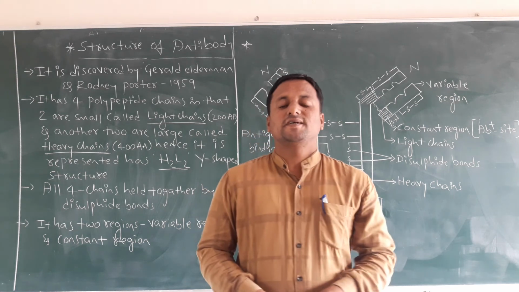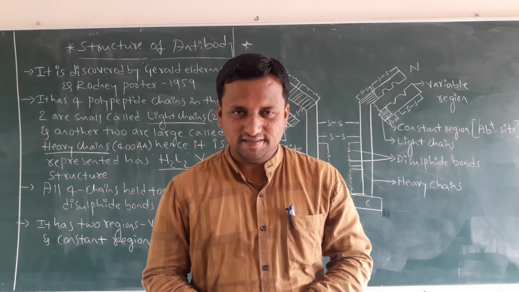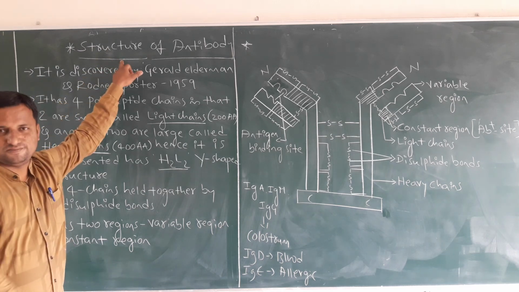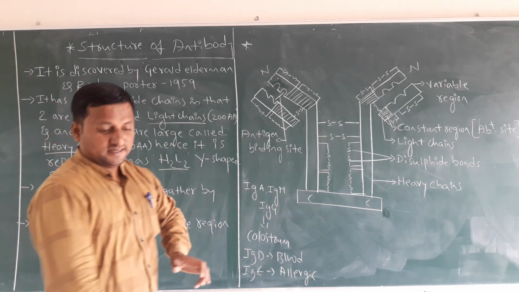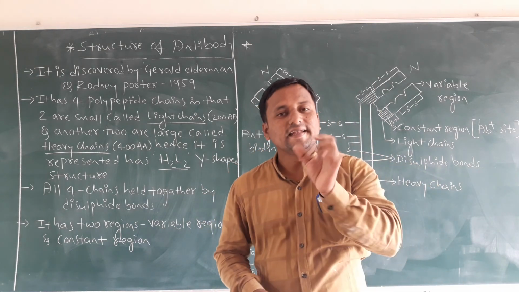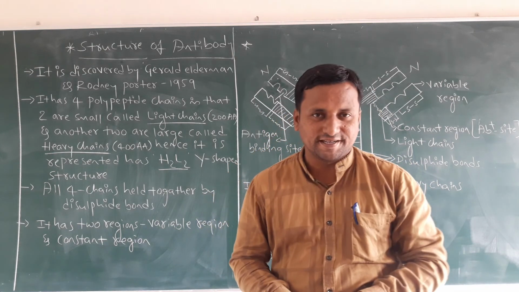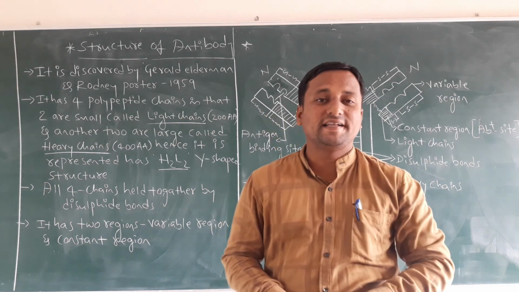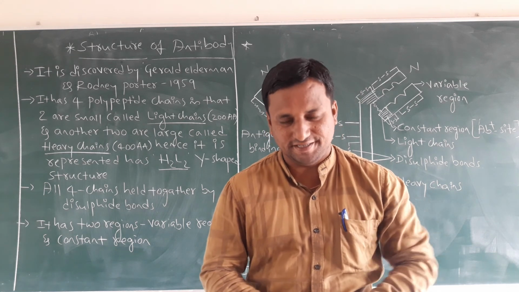In today's class we are going to discuss the structure of the antibody molecule. Dear students, in previous classes we discussed the concepts of innate immunity and acquired immunity, and we already discussed the barriers of innate immunity.